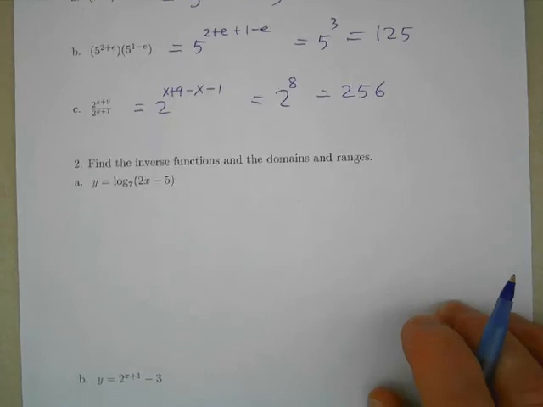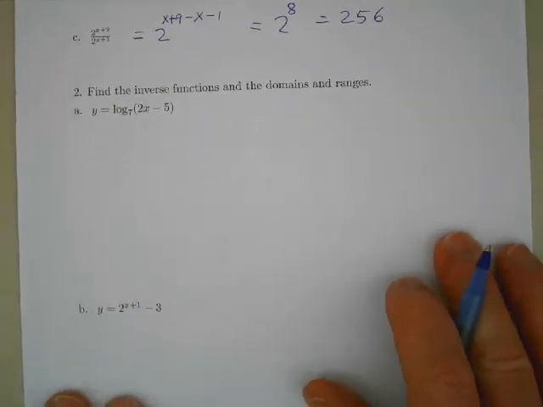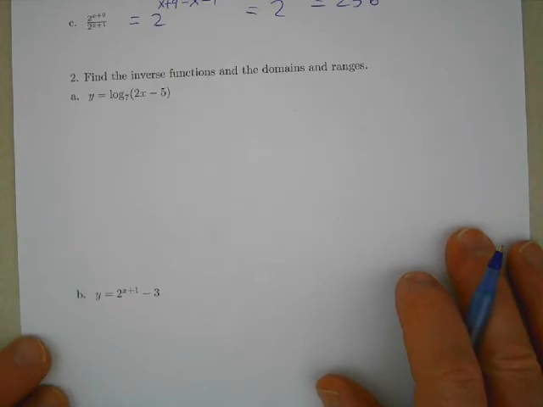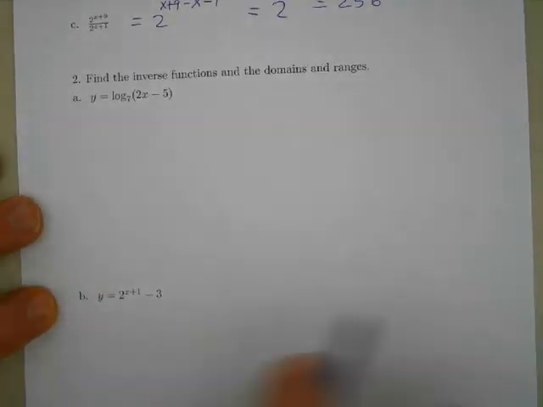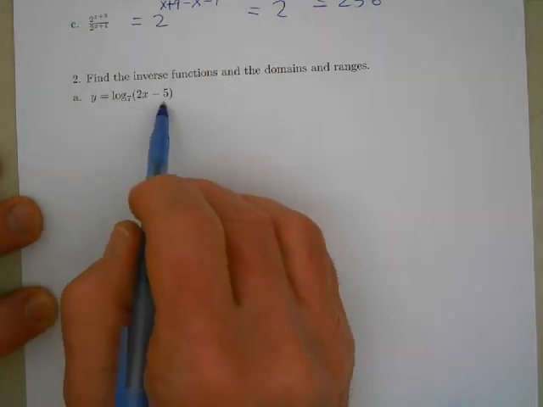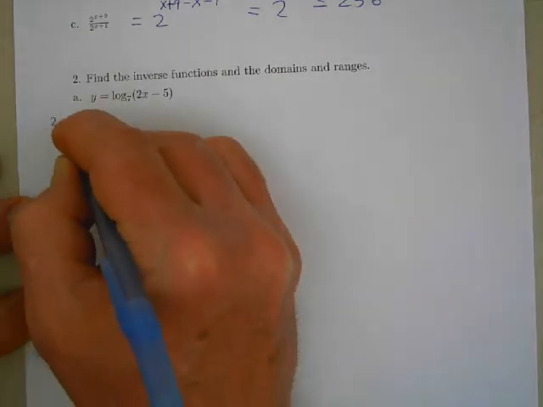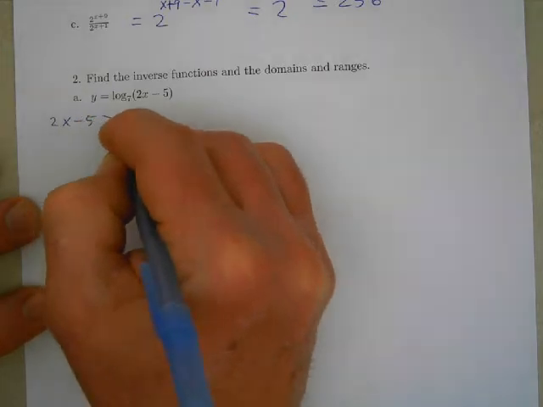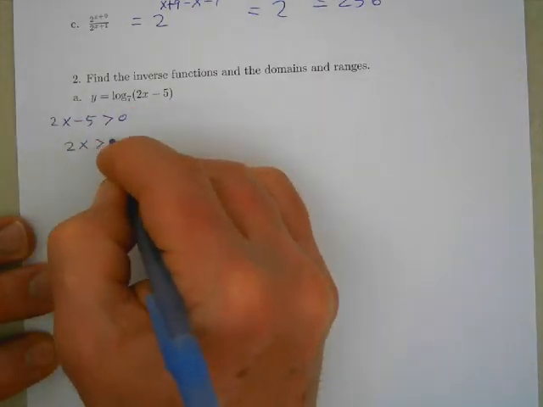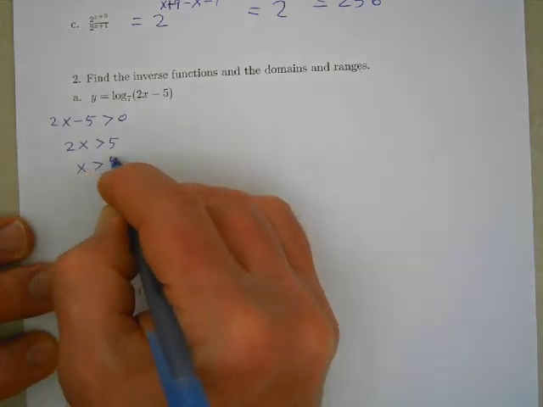Okay, in the next couple of problems, number 2, we have parts A and B. Find the inverse functions and the domains and ranges. Let's find the domain of this first. Remember, arguments of logarithms have to be positive, so 2x minus 5 is greater than 0. That means 2x is greater than 5, and so x is greater than 5/2.